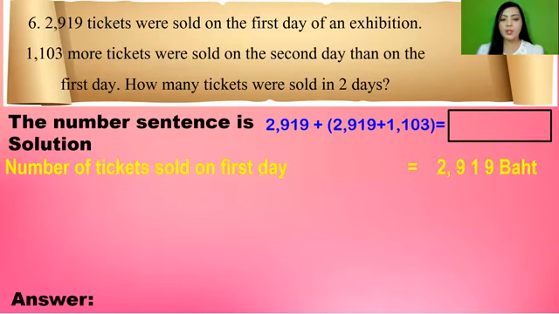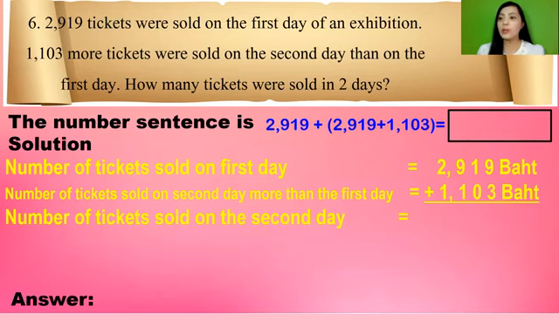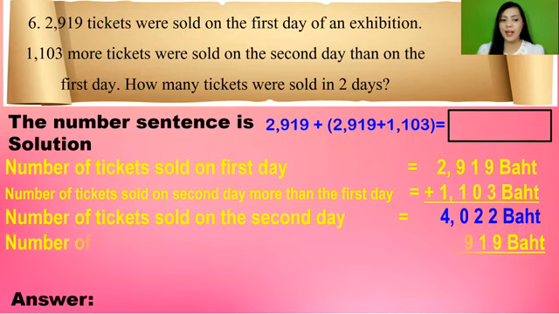Solution: number of tickets sold on the first day equal to 2,919. Number of tickets sold on the second day, more than the first day, equal to 1,103. Number of tickets sold on the second day, we are looking only for the second day, that is 4,022.